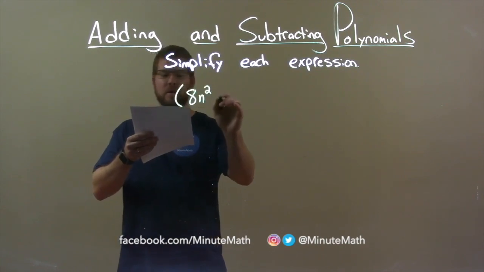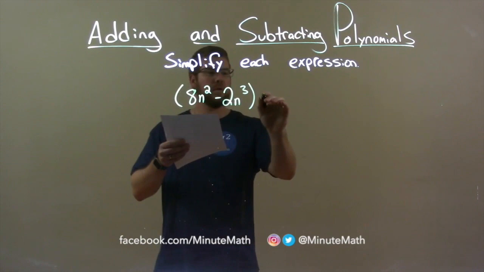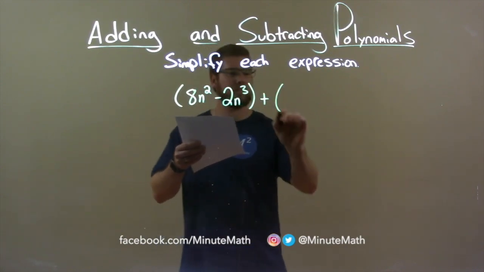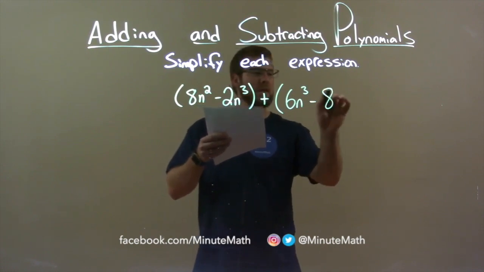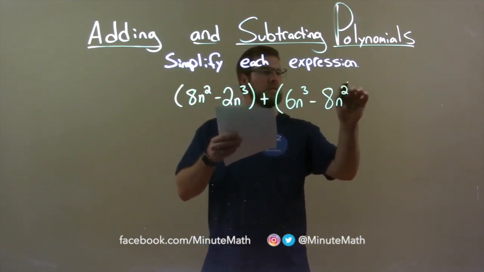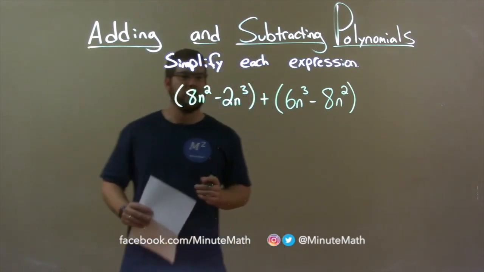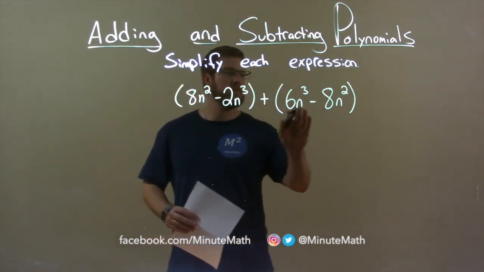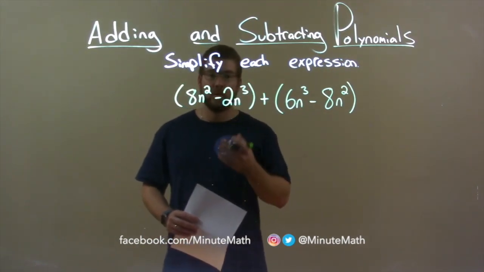8n squared minus 2n to the third plus 6n to the third minus 8n squared. Okay? So now let's simplify this. Well, within each parenthesis, there's nothing that's a like term, so I can't simplify within the parenthesis.